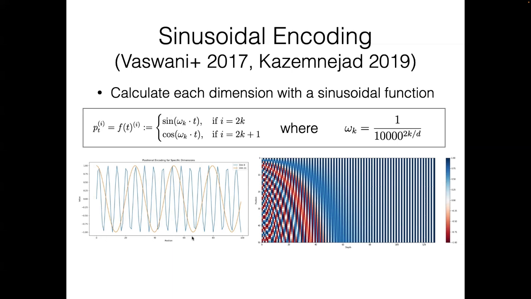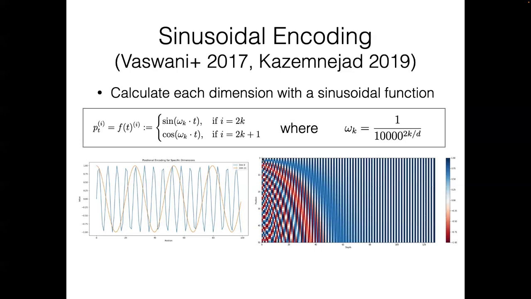On the x-axis here is the position. So if the token is at position number 2, then for this vector element, you'll take this number from the blue sine curve. And then you alternate between sine and cosine, and you change the frequency of the curve.